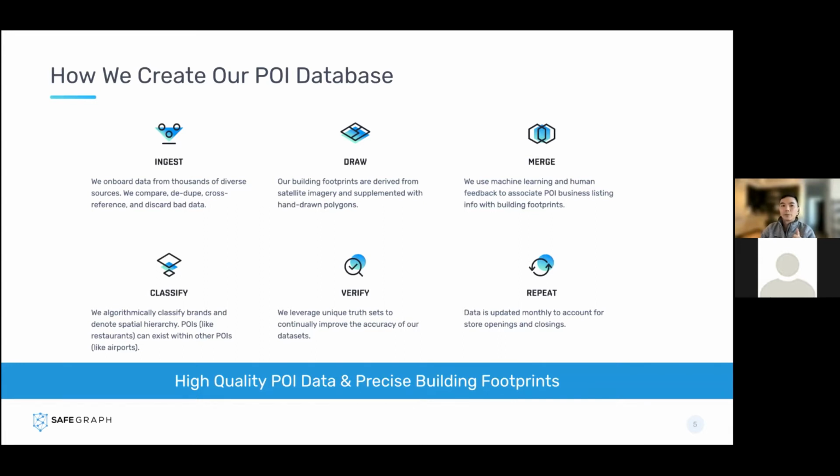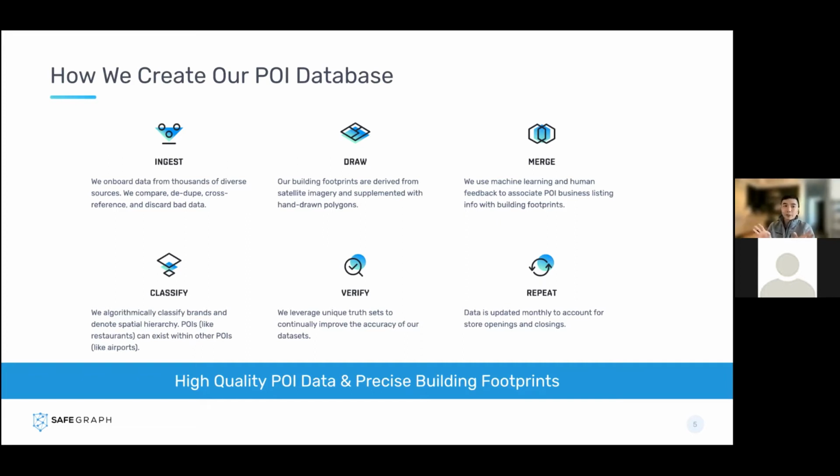It sounds like a simple problem, just looking at business listing information for 10 million points of interest. But it is a surprisingly complex process. It starts by onboarding data from thousands of different and diverse sources. This is what we call our ingest process.